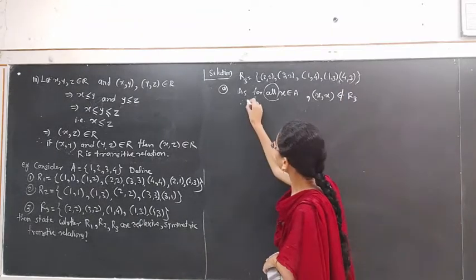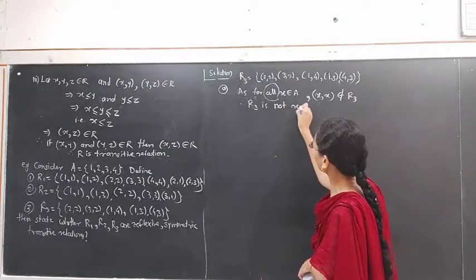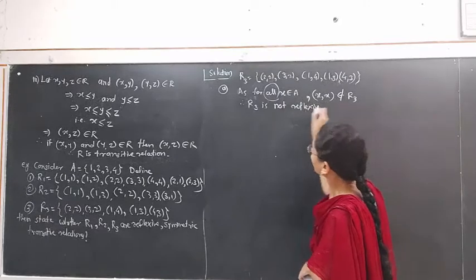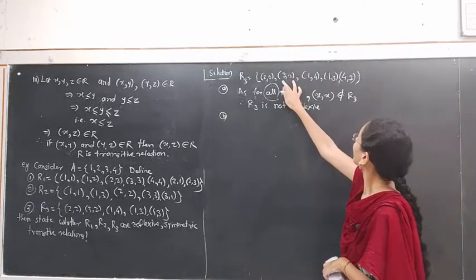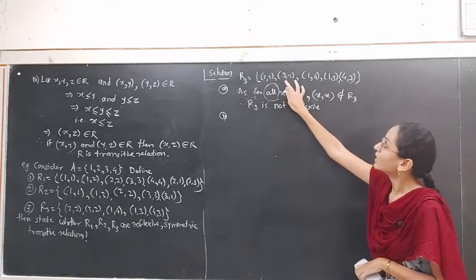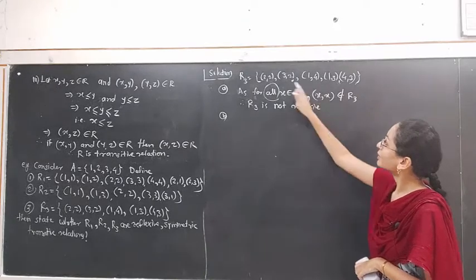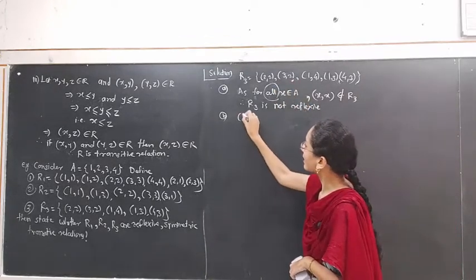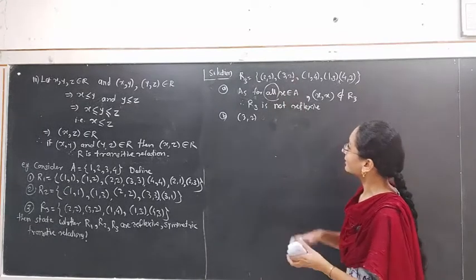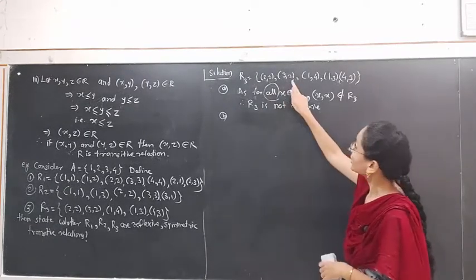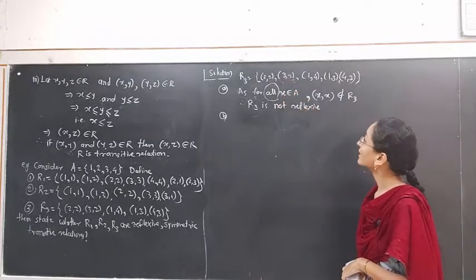Therefore R3 is not reflexive. Second, we check symmetric. The ordered pair (3, 2) belongs to R3, but 2 is not related to any other element; 2 is related to only 2. (3, 2) belongs to R3, but the pair (2, 3) does not belong to R3.